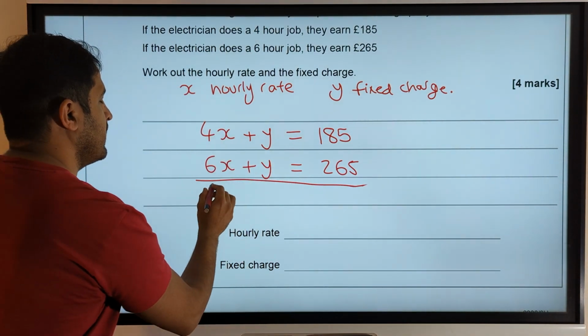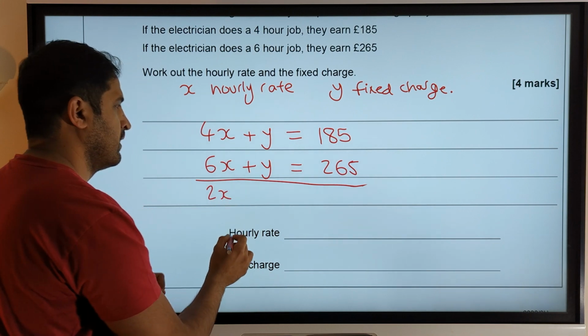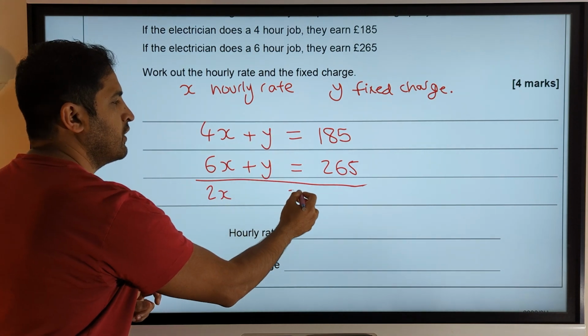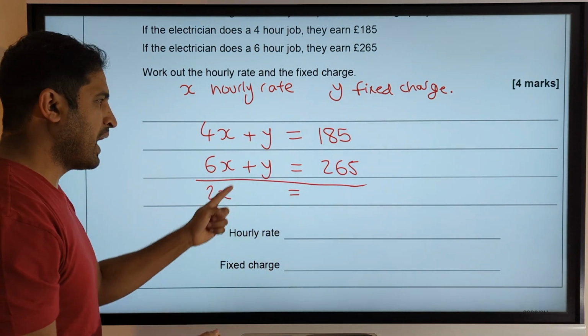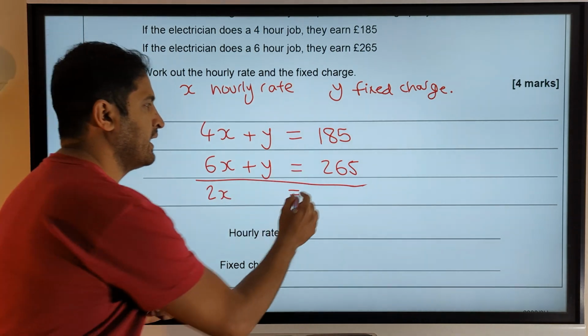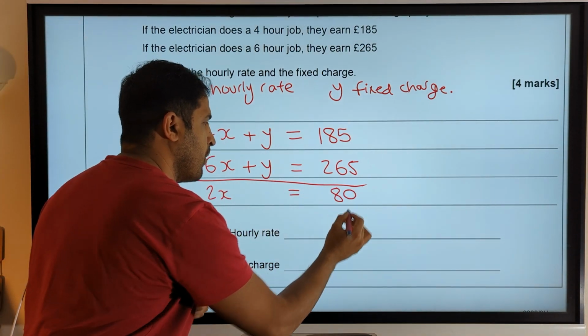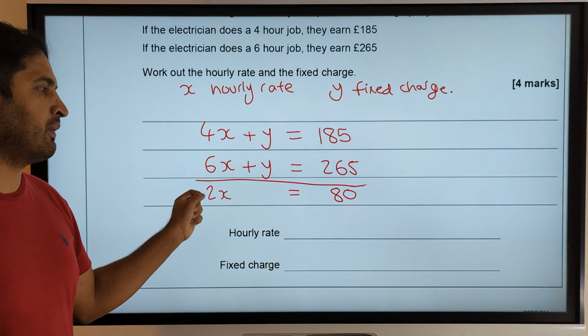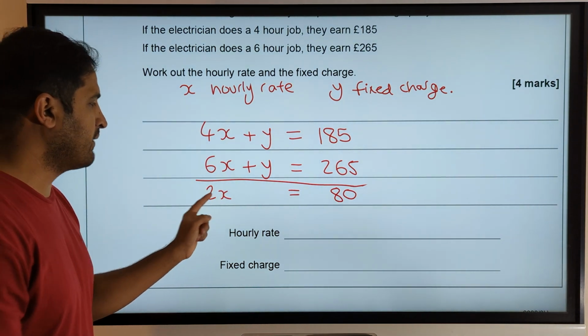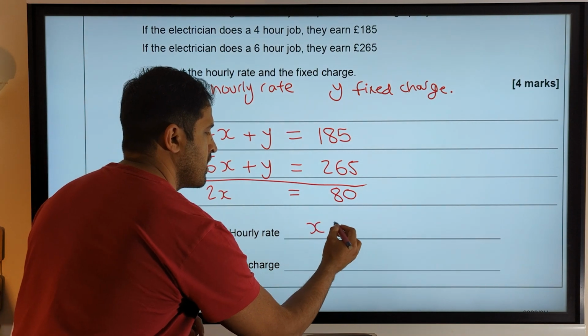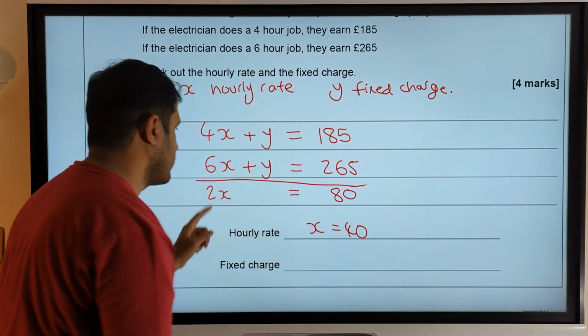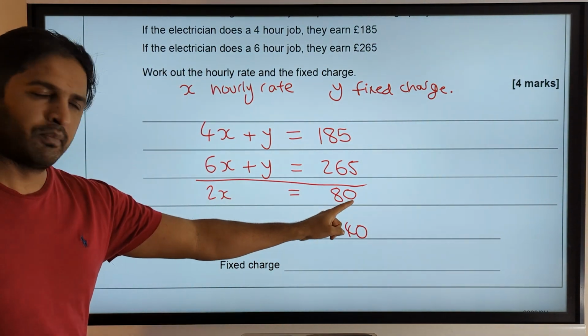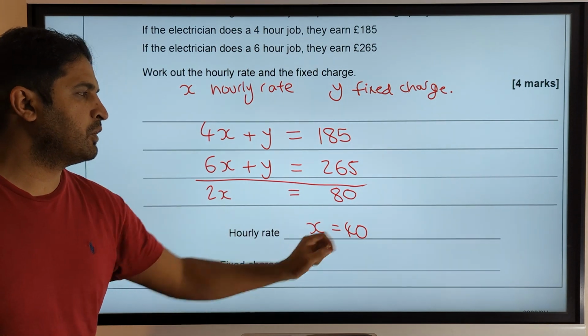So the difference between them is 2x. Y take away Y gives you 0. So in those 2 extra hours, how much more do they get paid? They get paid £80 more for that 2 hours of extra work. So we can work out straight away what the hourly rate is going to be: 40. 2 hours have to pay 80, so 1 hour you pay 40.